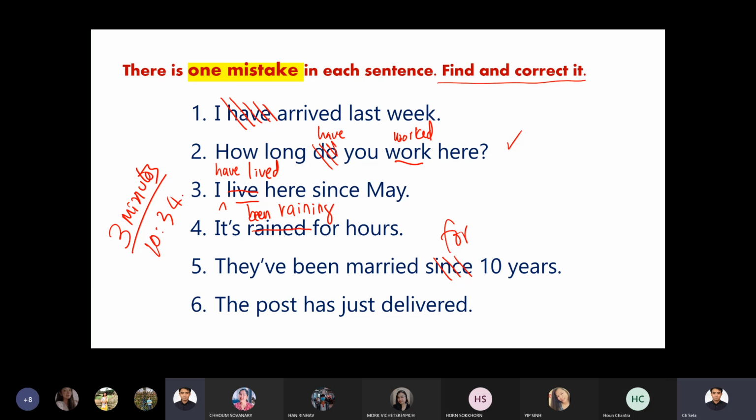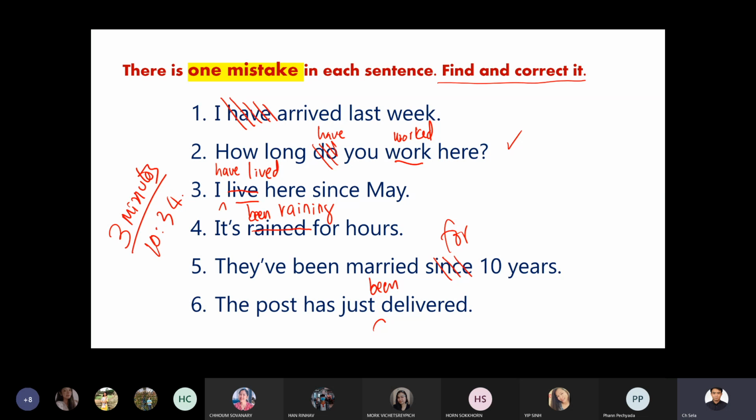Okay. Teacher, how about we change it to passive? Passive: has been delivered. Has just been delivered, right? Yes, okay. Now you are right. The post has just been delivered. All right, very good.